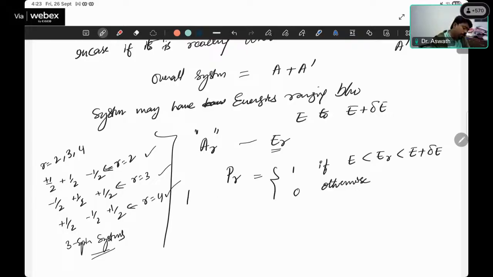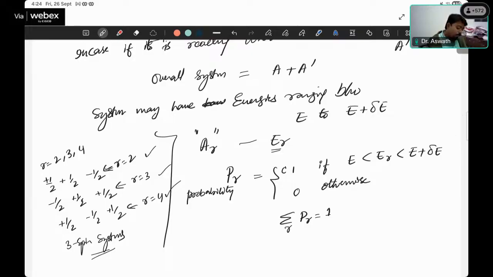So this is the probability. The probability of existing in all three accessible states is equally probable, so the probability is 1 there. The overall probability, if I calculate for all the index values, should sum to 1. So I'll put in some constant C, which will take care of that normalization factor.